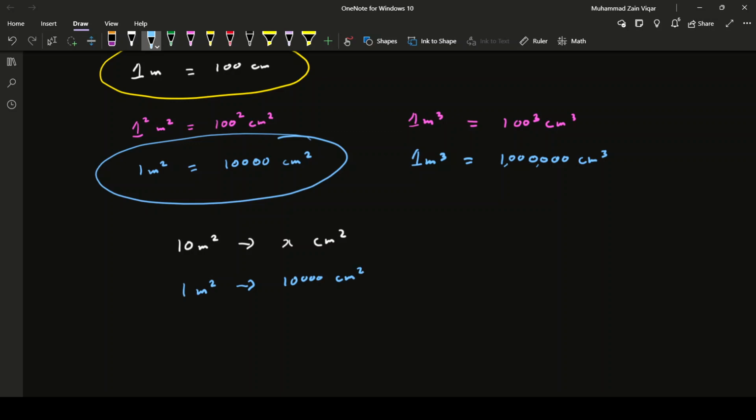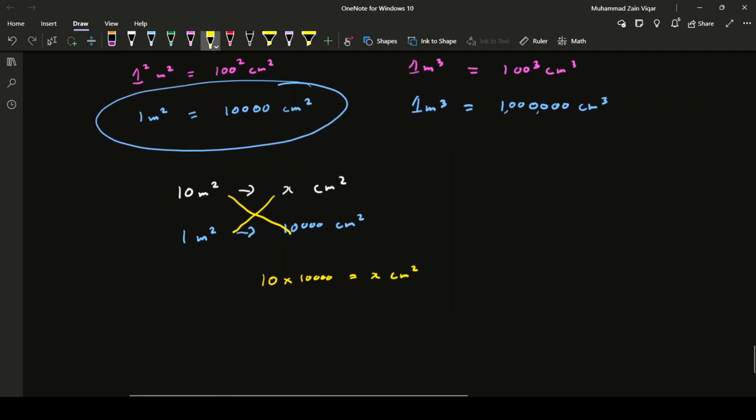Now I would just simply cross multiply them like this, and I would be left with 10 multiplied by 10,000 equals x centimeter square. Obviously this was multiplied with 1, and x multiplied with 1 is again x.